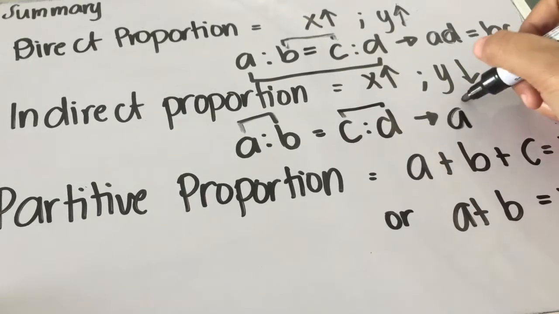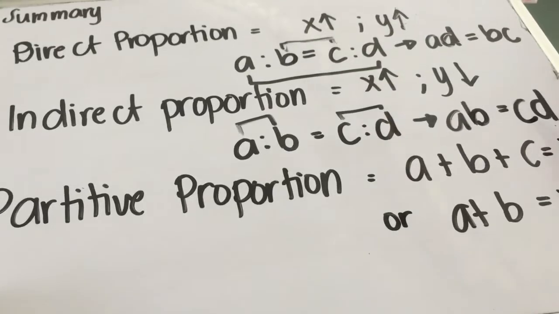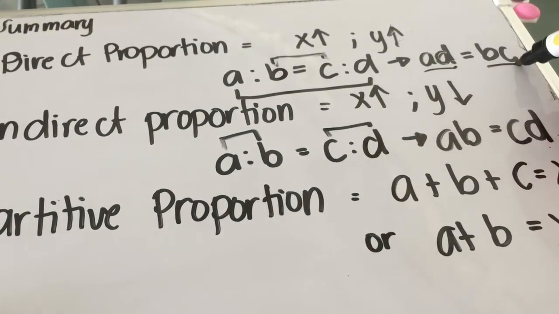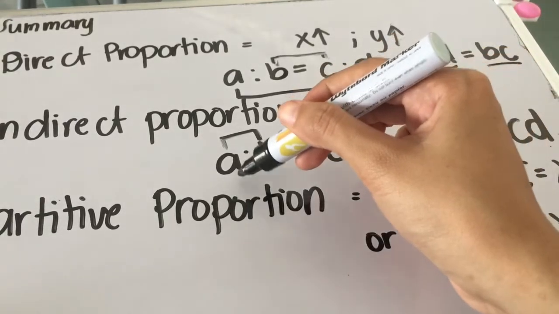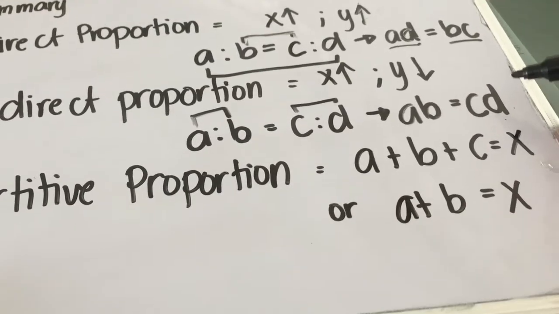Dito sa first, sa direct proportion, we have AD equals BC. Dito naman, pinagkaiba niya AB, A times B is equal to C times D.